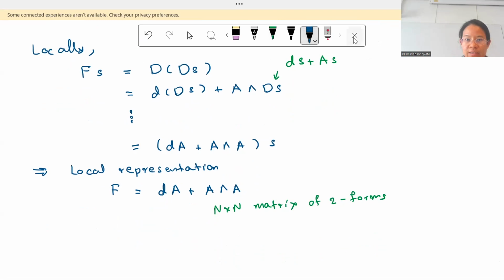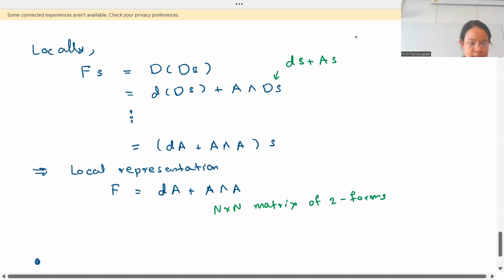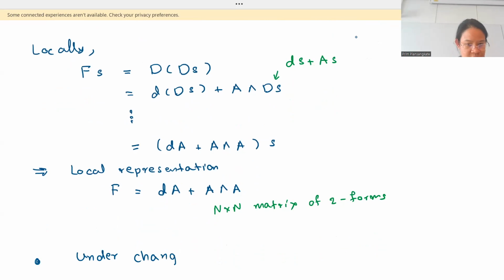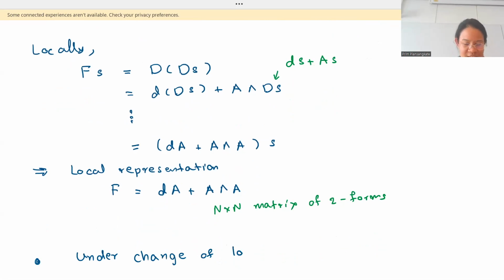And under a change of gauge, so under a change of local trivialization or frame field, or gauge, they are the same thing.